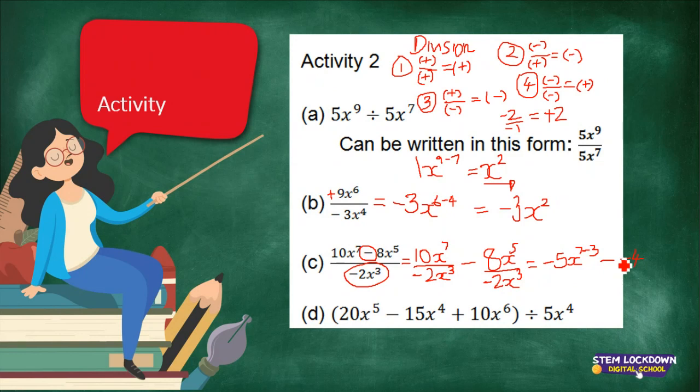In order for me to not confuse myself, I'll place a bracket in front like that. If you've forgotten how this came about, looking at this, positive divided by negative, the answer is negative. And then 8 divided by 2, answer is 4.